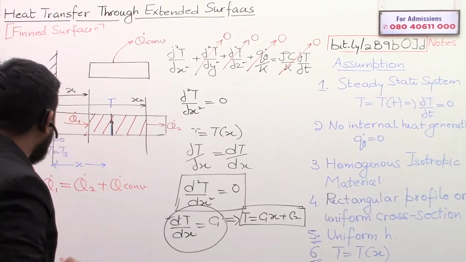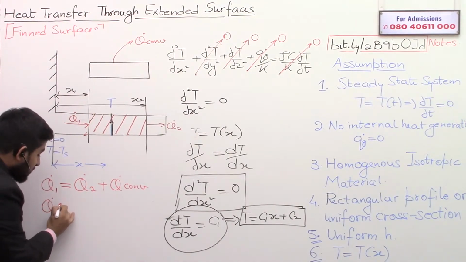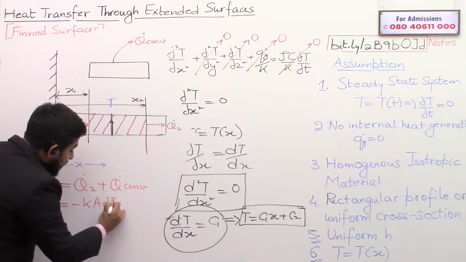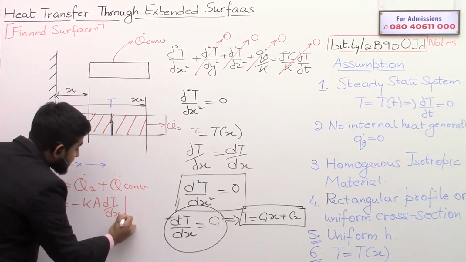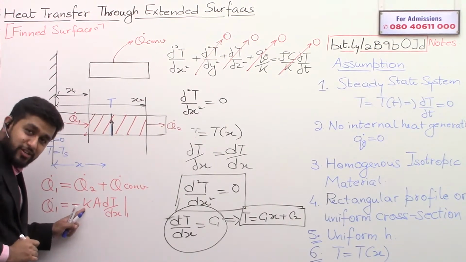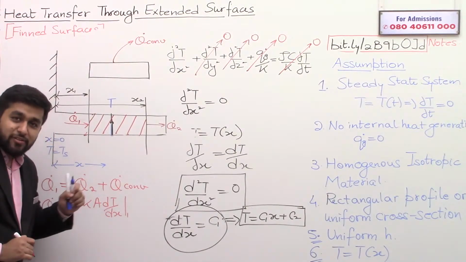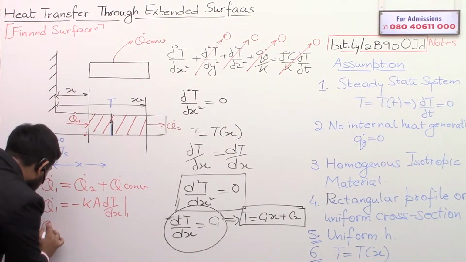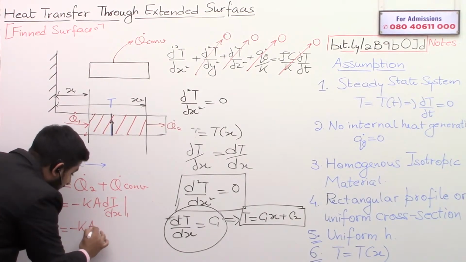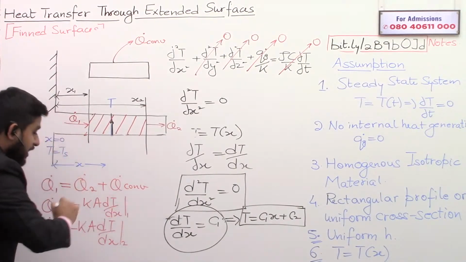Okay. Now check. By Fourier's law of conduction, Q dot 1 will be written as minus K A dT/dx for section 1. So minus K for section 1, A for section 1, dT/dx for section 1. And similarly, Q dot 2 will be written as minus K A dT/dx for section 2, right?